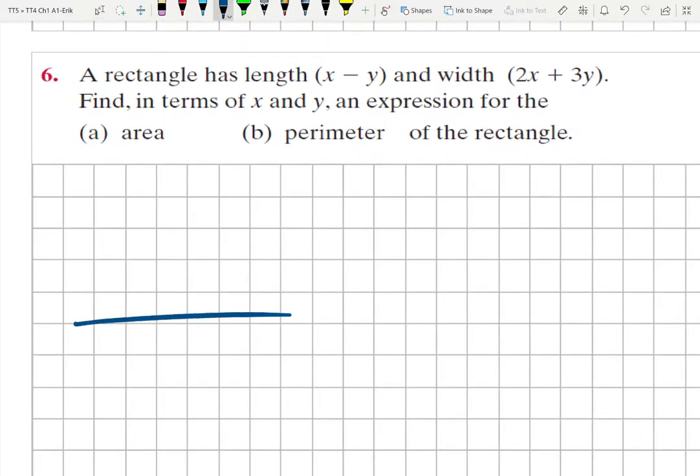There's the length. It's x minus y. There's the width. Well, I don't need to be three-dimensional on this. It's 2x plus 3y. Okay, the area.